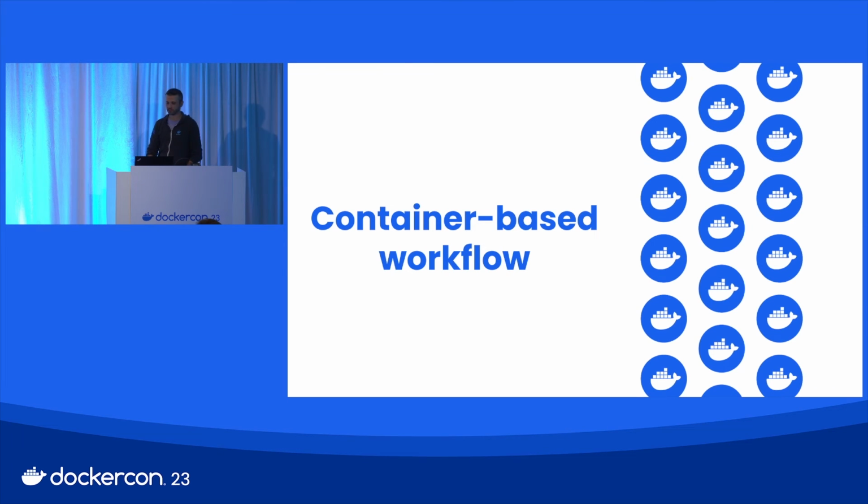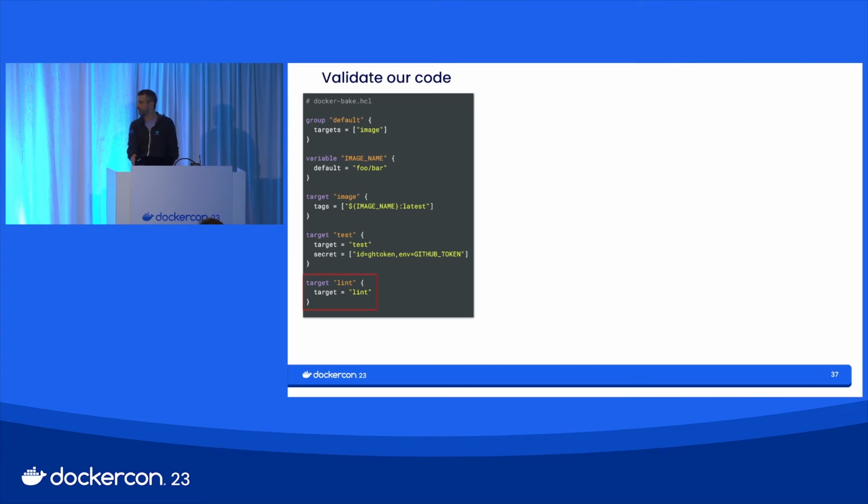Now, with that in mind, we can explore the vast potential of using containers in your CI, and how to achieve greater portability between the inner loop and your CI environments. The idea is to use containers as much as you can, because you achieve better portability with this. If I add, for example, a new target, I will call this one lint.